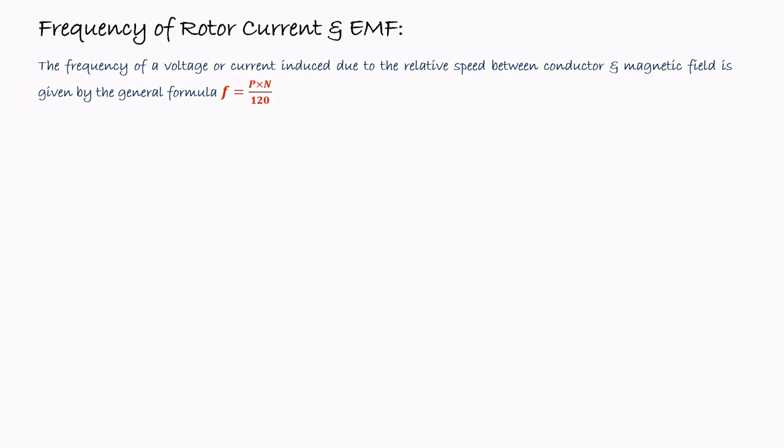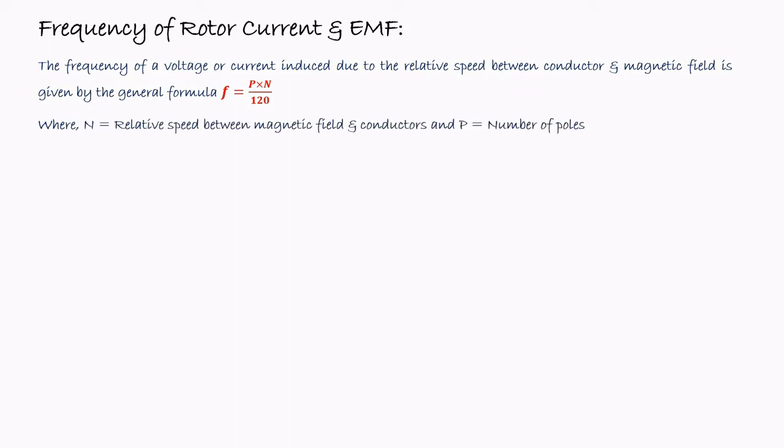This is the general relation between the frequency, the speed, and the number of poles of any AC machine, where P is the number of poles, N is the speed, and F is the frequency of the induced EMF.